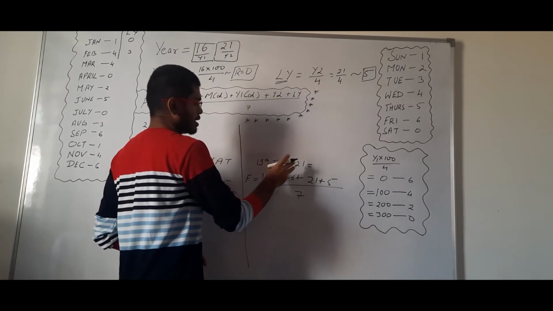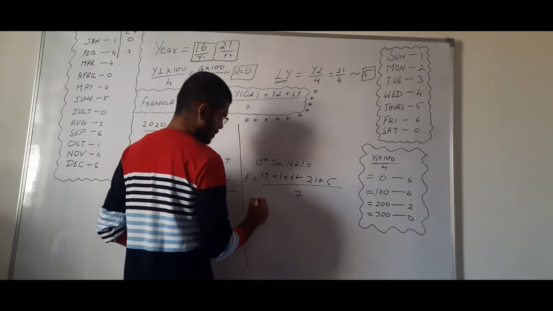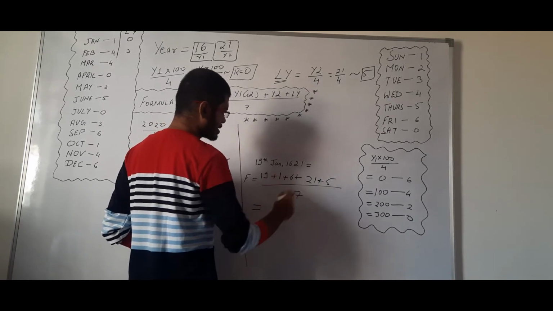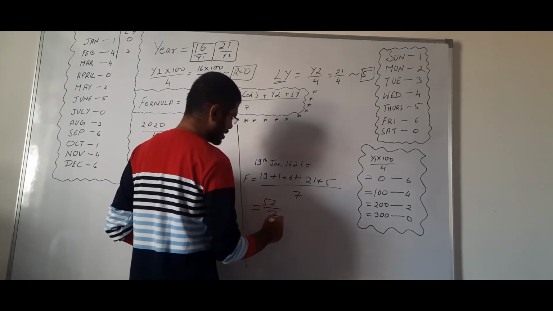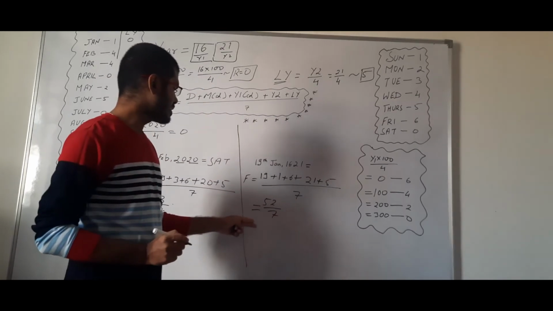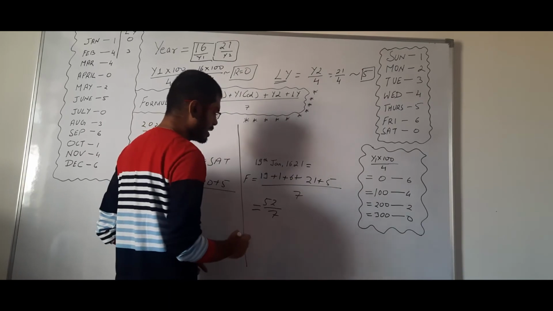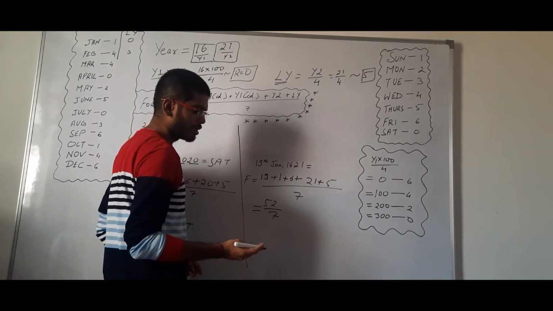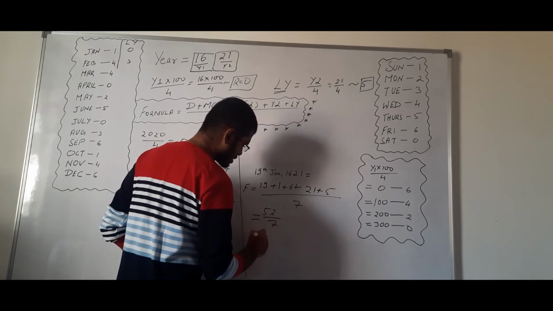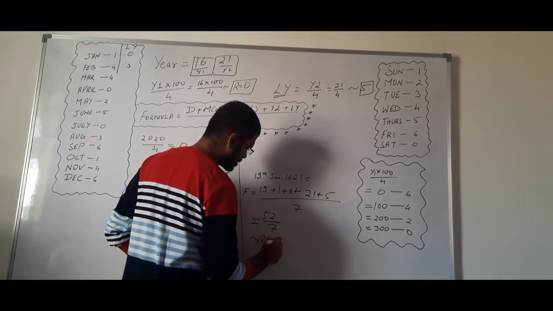We know this is not a leap year, so we have followed this paradigm. Then we have 52 by 7, and 7 sevens are 49, so after getting 49 we have a remainder of 3.